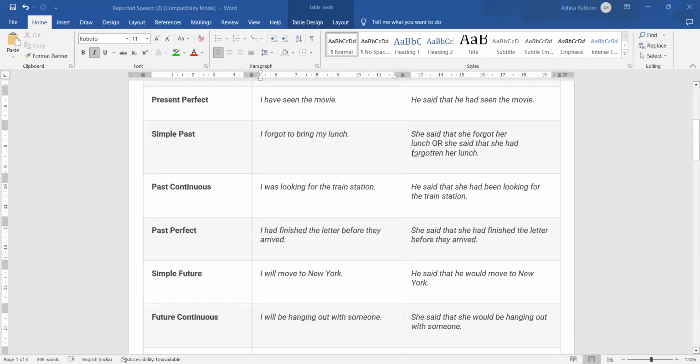Now, the tenses where our sentence ended up being in past perfect: past perfect, simple past, and present perfect as well. Three tenses: present perfect, simple past, and past perfect.